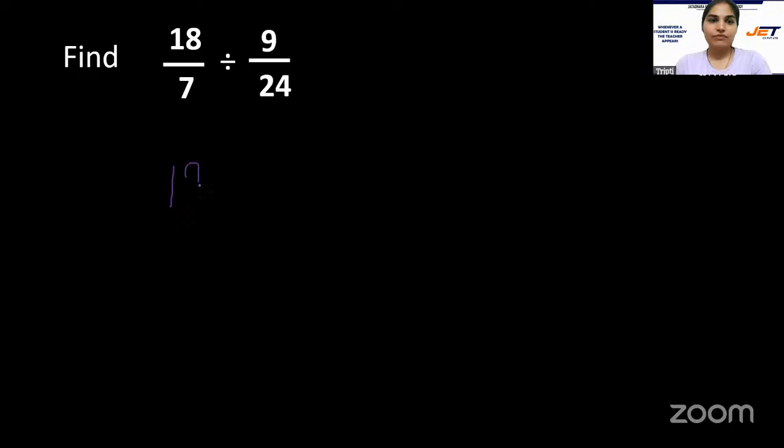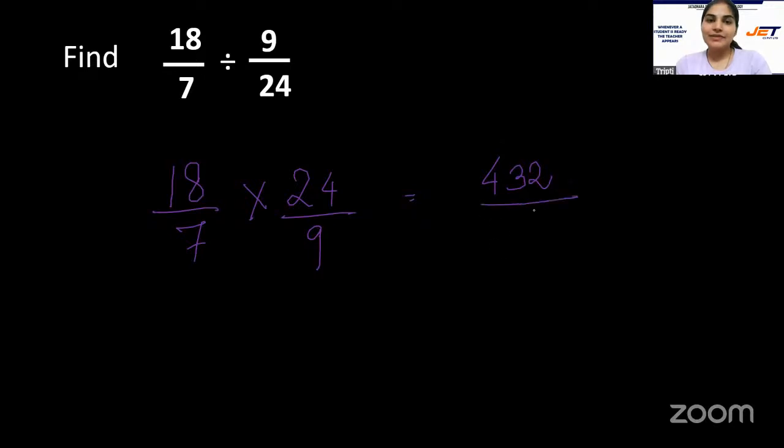So 18 by 7 will be written like that only because it's keep. Division sign will change into the sign of multiplication, and the reciprocal of 9 by 24 is 24 by 9. Okay. So 18 times 24 is 432. And 7 times 9 is 63.